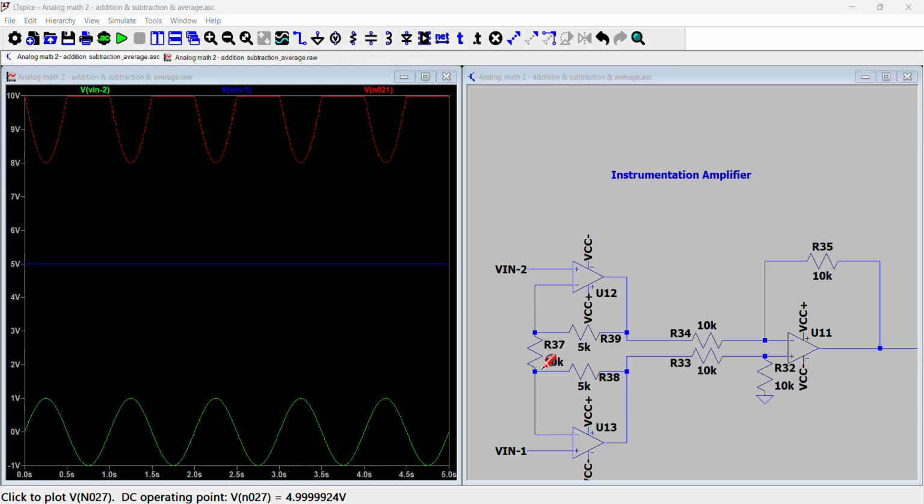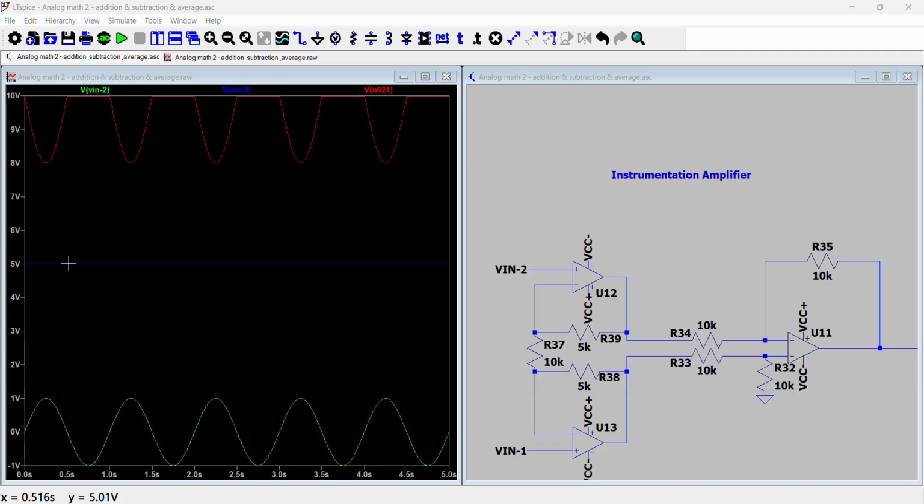Yes, my calculations are actually slightly wrong because it's flipped the other way around. The gain is basically the negative of that. So in this case, my V1 is 5 volts, and so it's basically V2 minus V1 times 2. Sorry, my bad. It's 5 minus 0 times 2, that's right, so that's 10. And then here you've got 5 minus 1, that's 4, times 2, that's 8, so it is correct, yes.